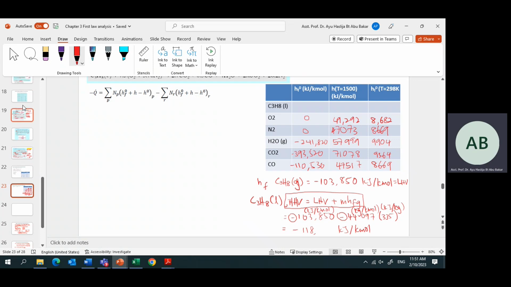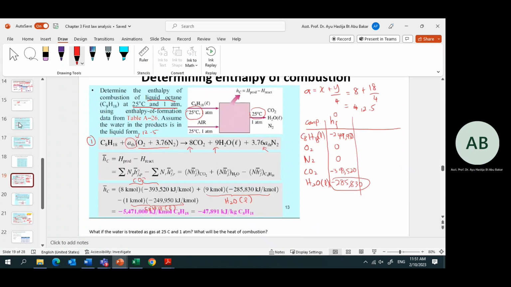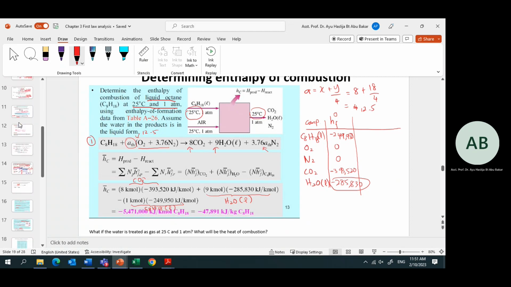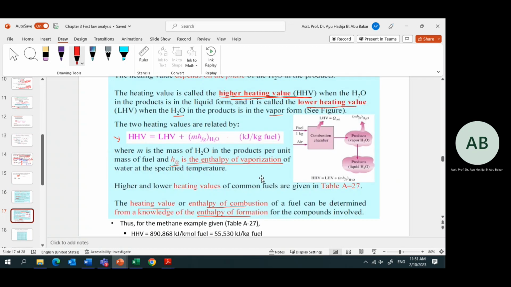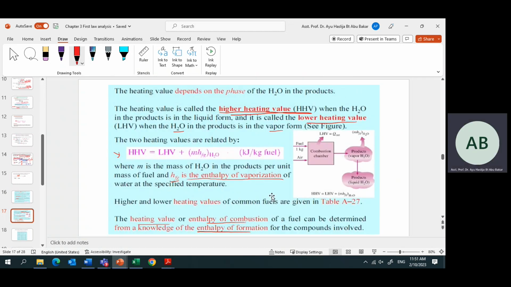Okay, I go back to this slide. Here, the heating value. This one uses water as an example. Now, LHV is in vapor form. Now we want to find in liquid form. So in liquid form is HHV.